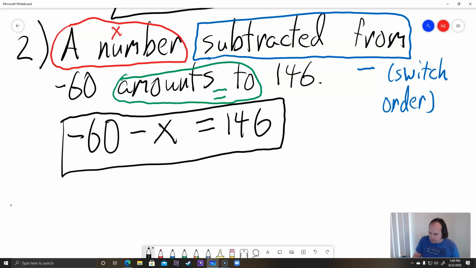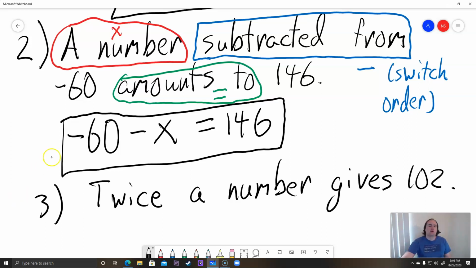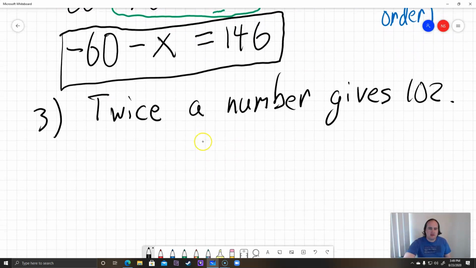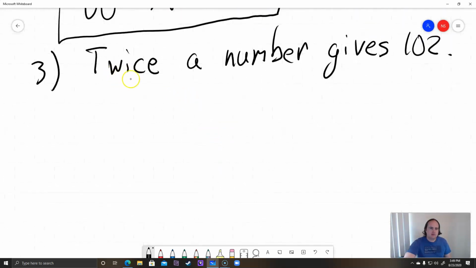Okay, so example number 3. Twice a number gives 102. So the big thing here that's new is the word twice.